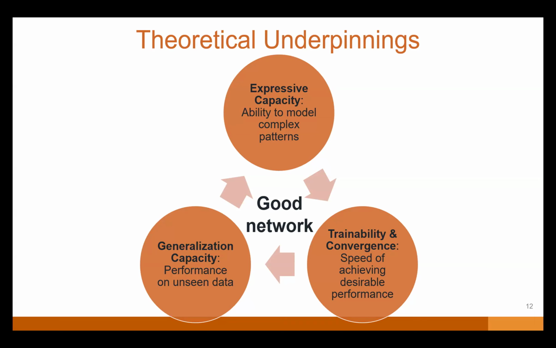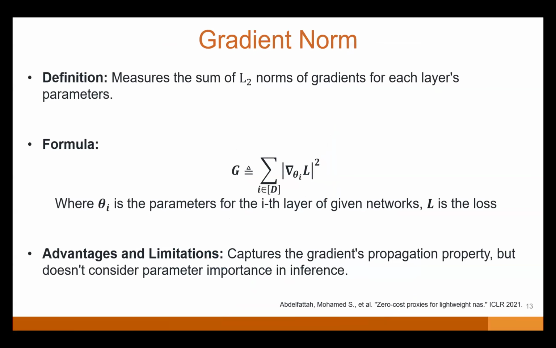In other words, whatever we derive with known data should work well with unseen or out of distribution data. And finally, it should be trainable and converge pretty fast to the result that we want, because that shows a very competitive result. So all these things together can bring a very good solution, a very good network. And it's important to keep this in mind as I go to the details, because this impacts the quality quite a bit.